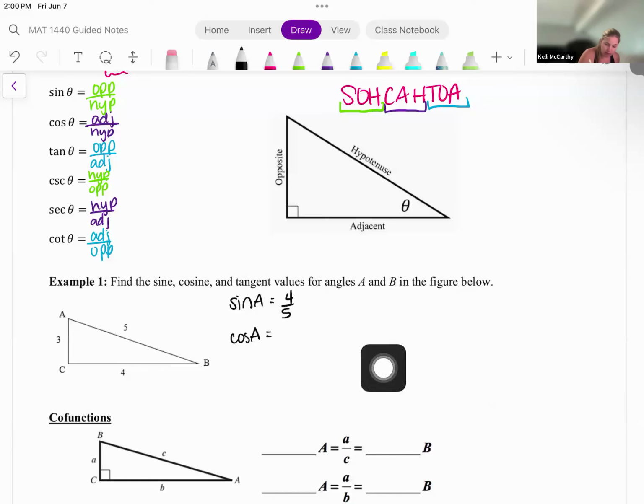Cosine of angle A, again, here's angle A, is the adjacent leg, so 3 over the hypotenuse, 5. And tangent of A is going to be the opposite leg to A over the adjacent leg to A. So again, if here's A, the opposite is 4, the adjacent is 3.